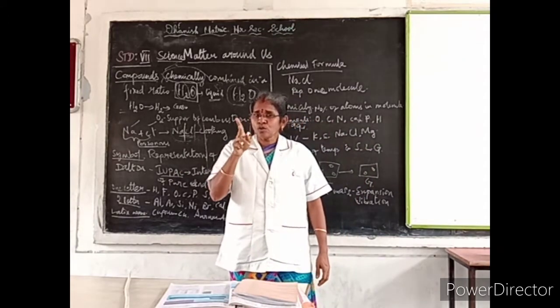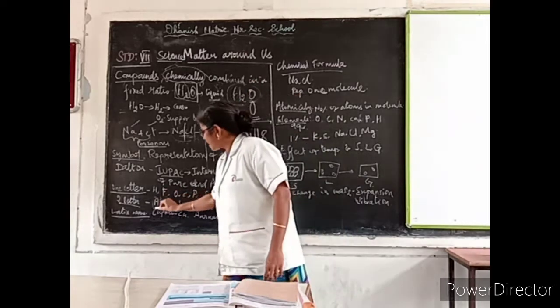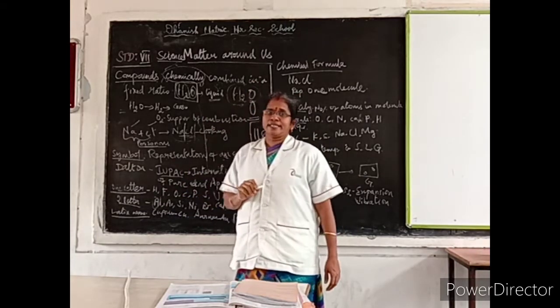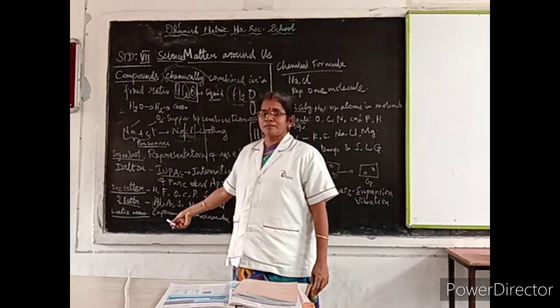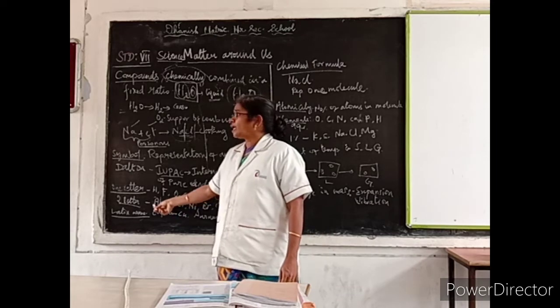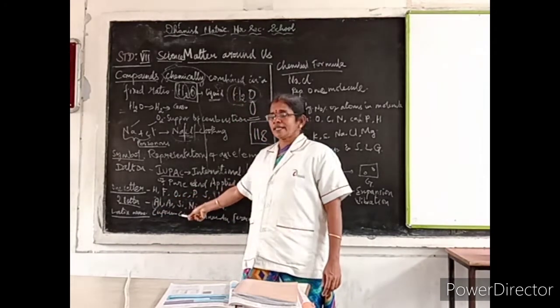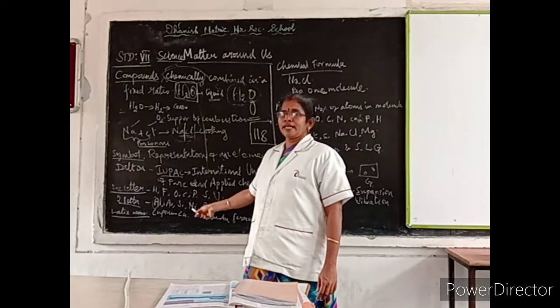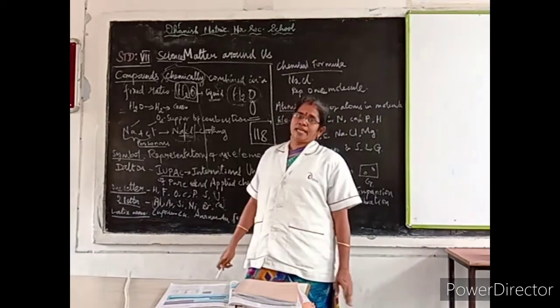When you write two letters, the first letter should be a capital letter and the second letter should be a small letter. Some examples: aluminium Al, arsenic Ar, silicon Si, nickel Ni, bromine Br, calcium Ca.